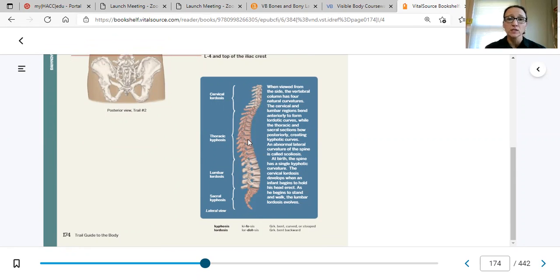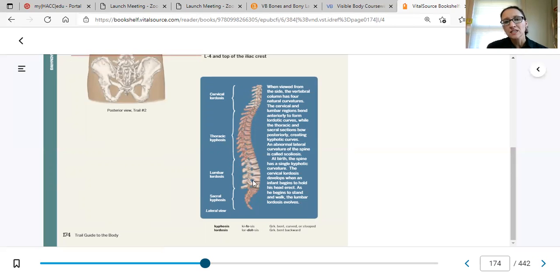That's called kyphosis. Sometimes your cervical lordosis actually straightens out instead of keeping the curve over time, and that can lead to degeneration of the intervertebral discs. Sometimes you get an excessive lumbar lordosis.